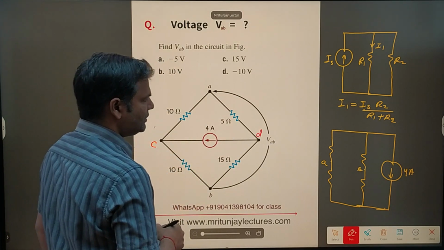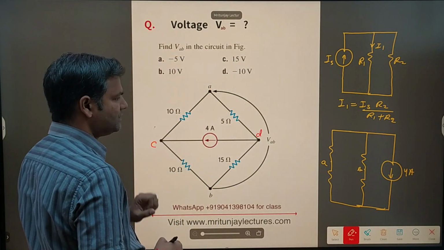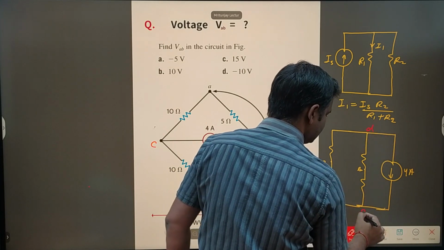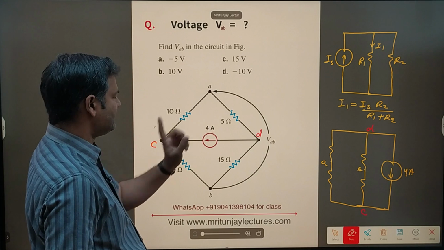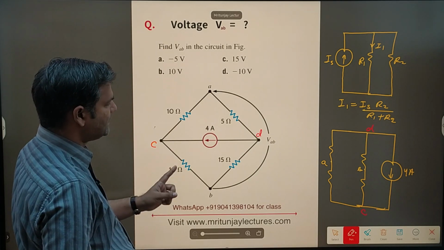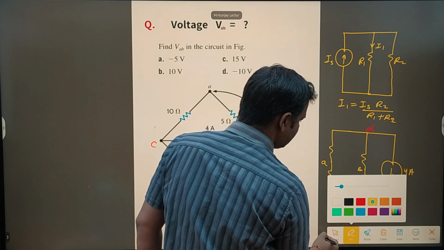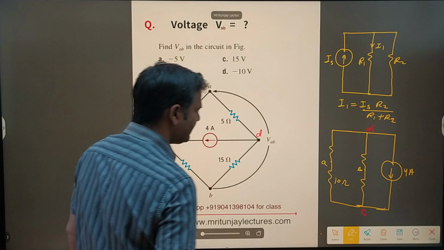Okay, A, here B, the current direction is D to C. So C to A is connected 10 ohm, that is 10 ohm.